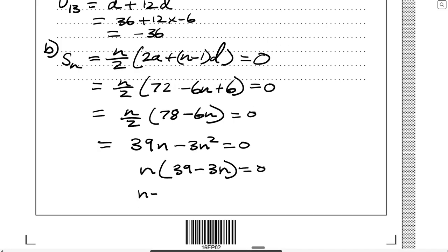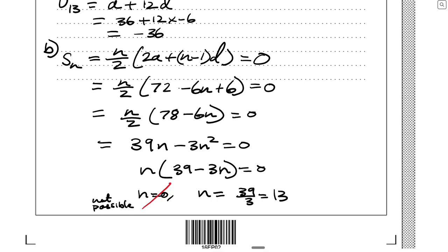And so n is equal to 0, or n is equal to 39 divided by 3, which is 13. And we cannot have n equal to 0, so we strike that off. Not possible. And so n is equal to 13.